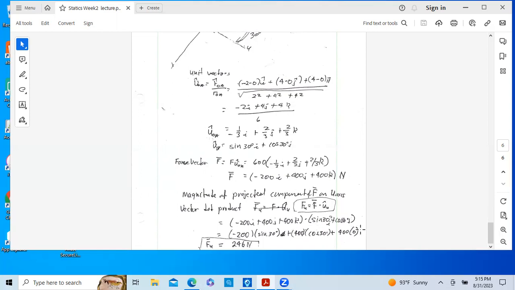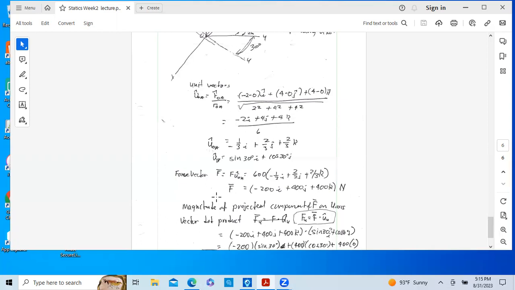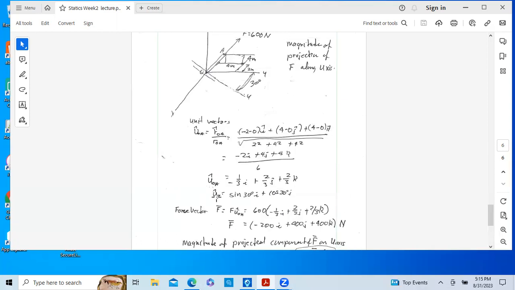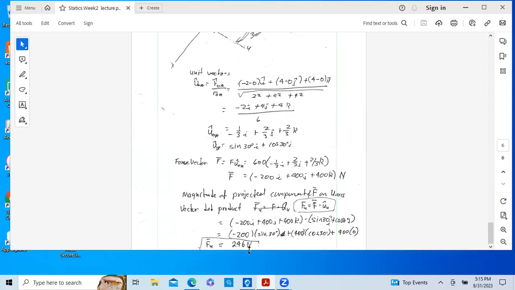There's nothing out here in the k component. And so we end up with a force along the u-axis equal to 246 newtons. Which means that 600 on this lever in this direction, and we found the direction with the unit vectors, results in a force along this u-axis passing through this assembly down here equal to 246 newtons.